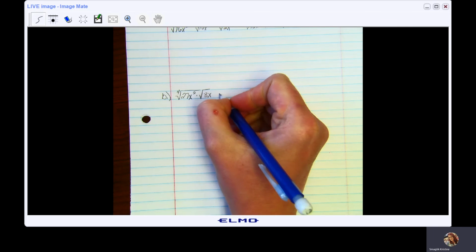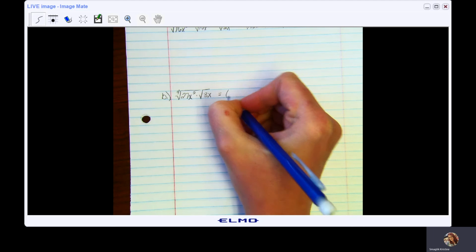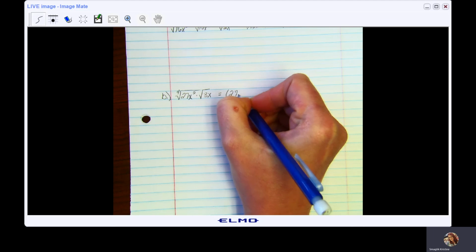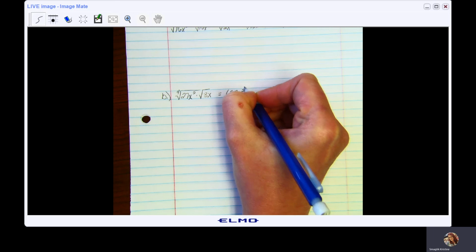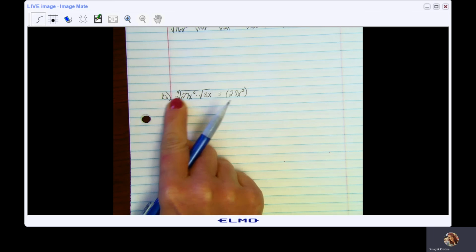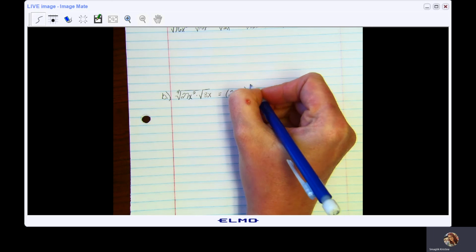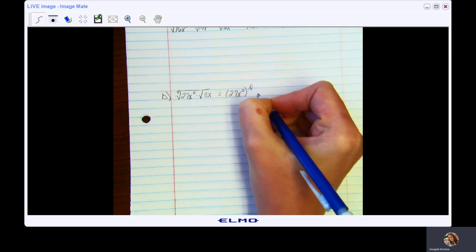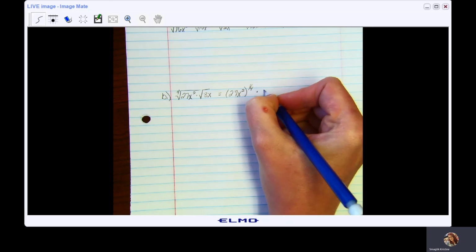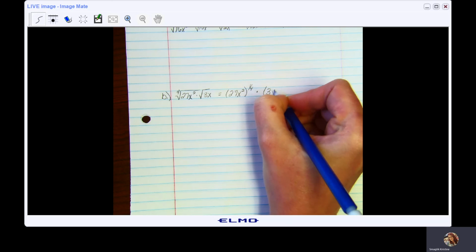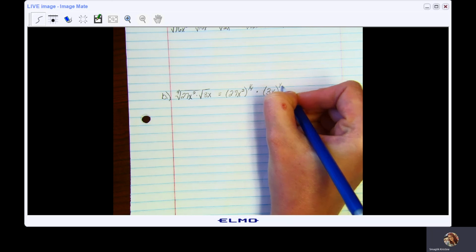What I'm going to do is move these into rational form. So here I have 27x squared. My index is 4, I've got an exponent of 1, so this is raised to the 1/4, times 3x raised to the 1/2.